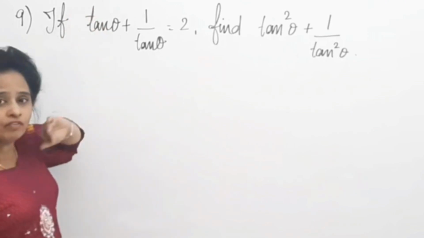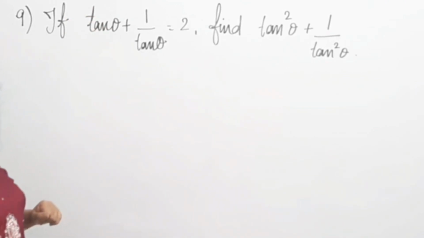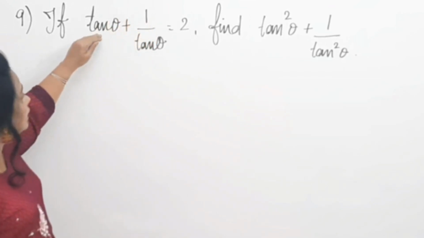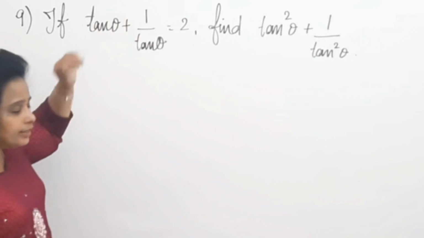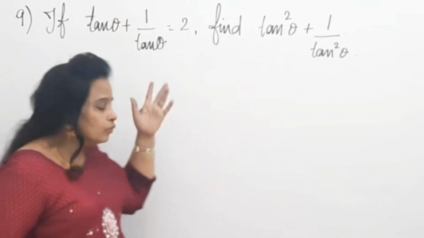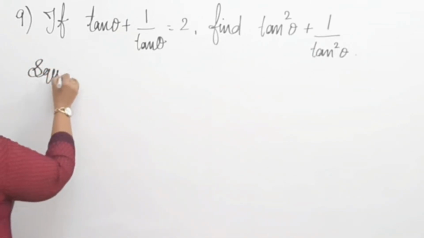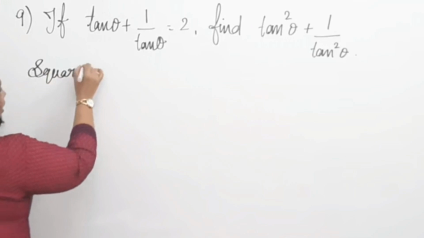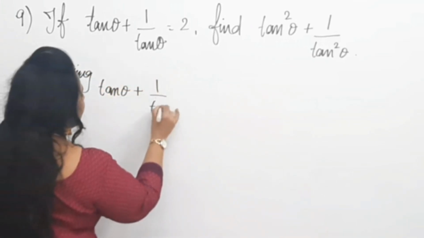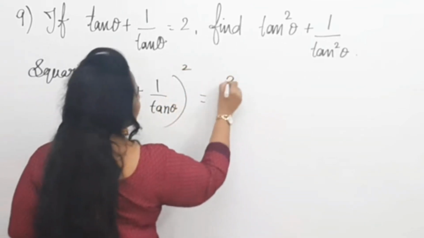How to get the square of it? It is nothing but by squaring the full expression. So I would get a plus b the whole square identity. I get my a square, which is tan square theta, b square, which is 1 by tan square theta. So you will use squaring of this identity. Squaring, I would get my tan theta plus 1 by tan theta, the whole square is equal to 2 square.